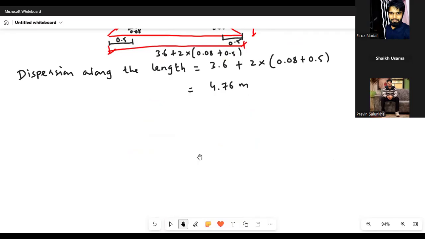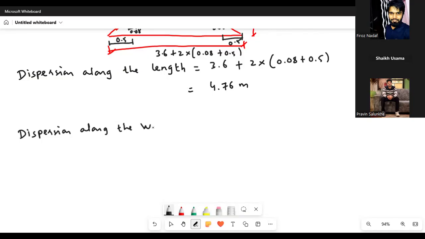We are interested in finding the dispersion along the length, which we have just calculated, and we are also interested in finding the dispersion along the width.